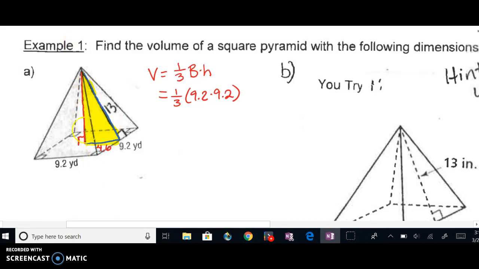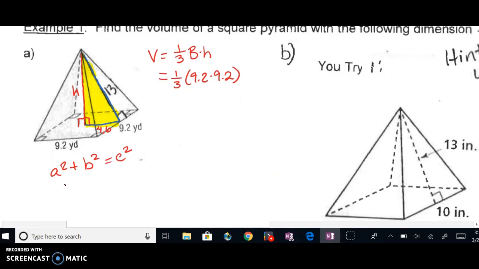It's 4.6. And now I can just do the Pythagorean theorem to find the height. So go over here in my side work, a squared plus b squared equals c squared. So 4.6 squared plus h squared equals 13 squared. 4.6 squared gives us 21.16.